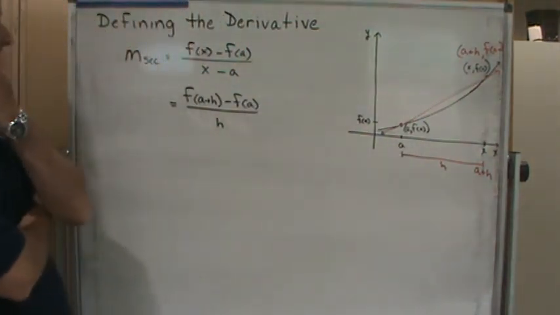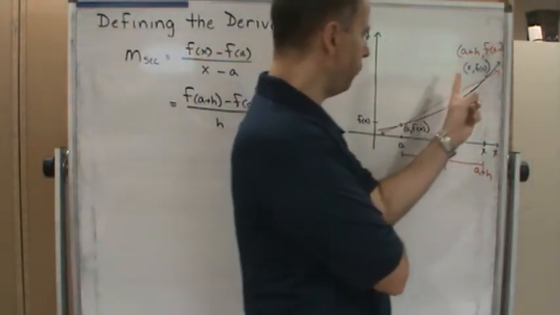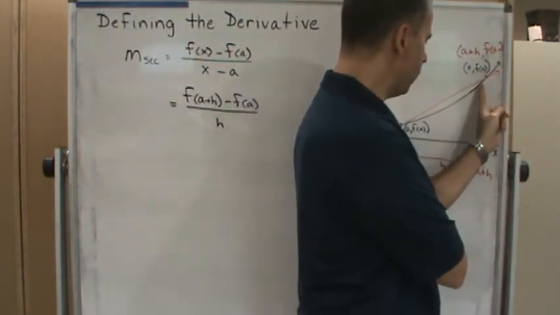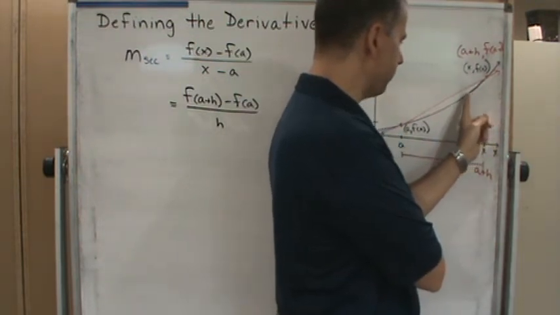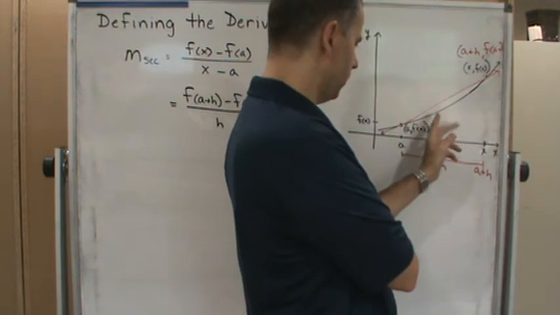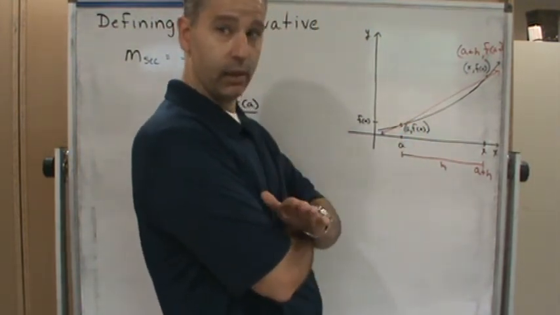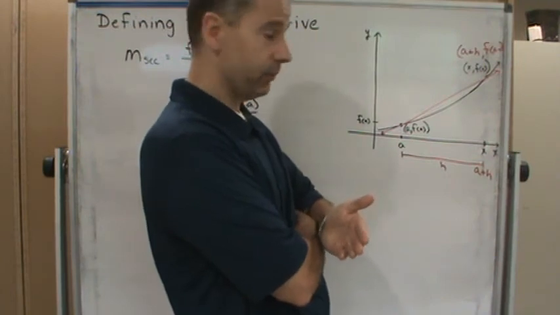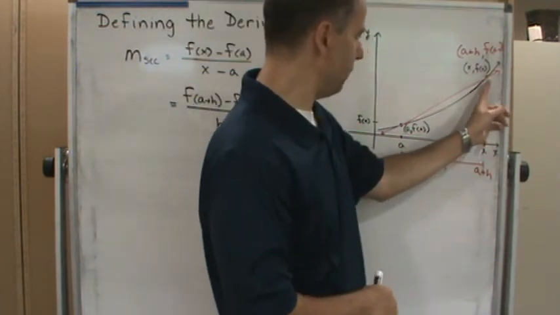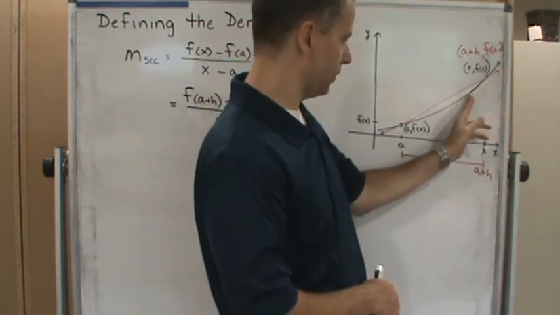Now what happens if we take subsequent points on the graph closer and closer to the point where we want to find the slope of the tangent line? What if I was able to take this and slide it down slowly?